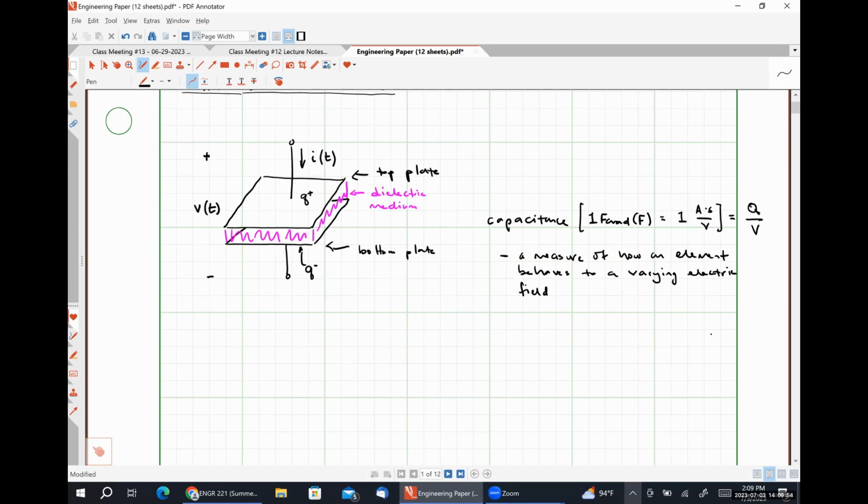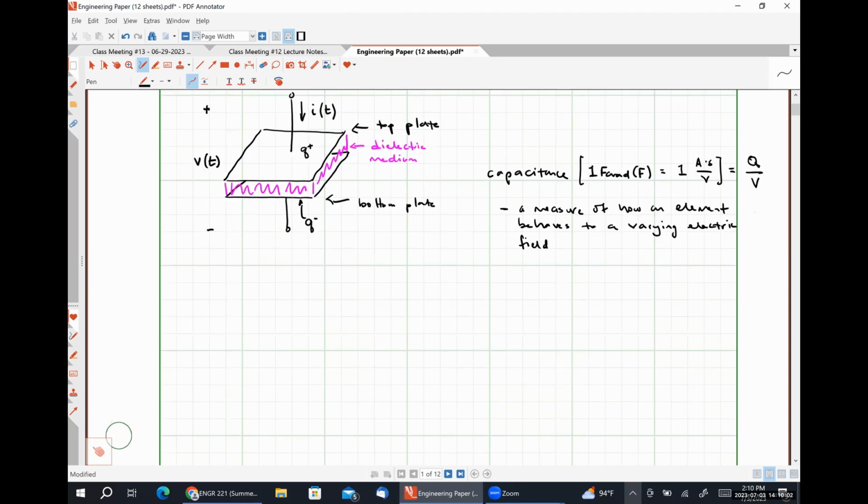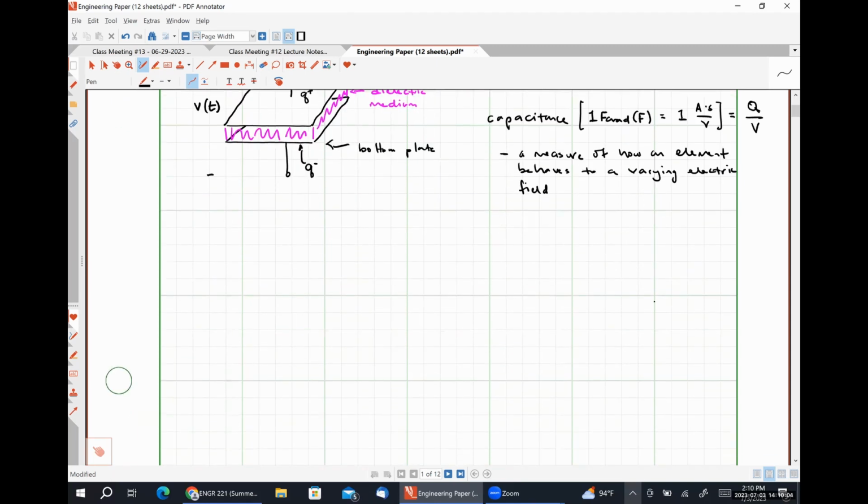So now I want to introduce our mathematical relationships, much like we had for the inductor, right? So I'm going to draw the schematic symbol for a capacitor. Here we go. So this is the schematic symbol for a capacitor.